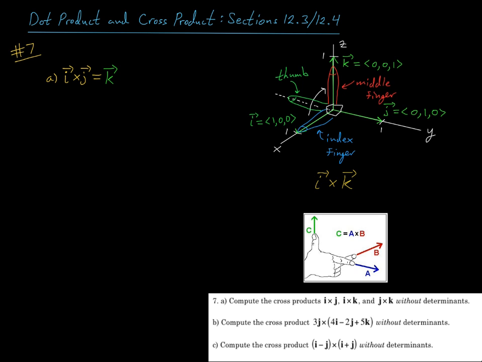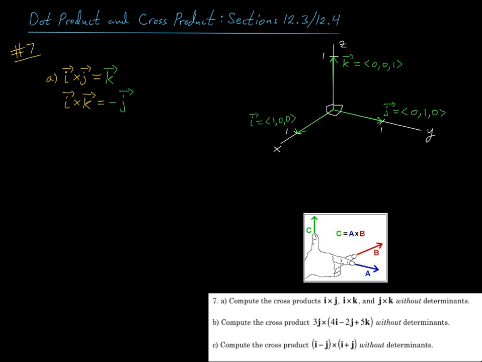That means your thumb, in fact, must be pointing along the negative y-axis, right? So in other words, in the direction of negative j. All right, so it points in the direction of negative j, and what's the magnitude? Well, by the same argument for i cross j, the magnitude of i cross k is 1. So this cross product vector has magnitude 1, it points in the direction of negative j, so it must be negative j itself.